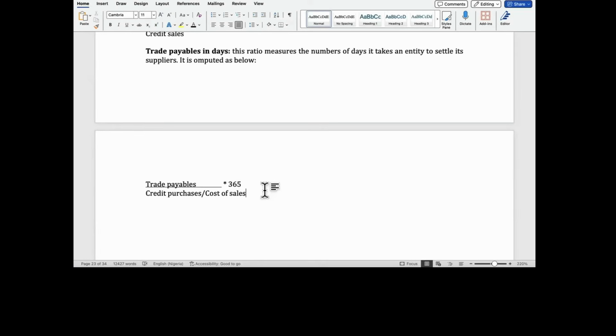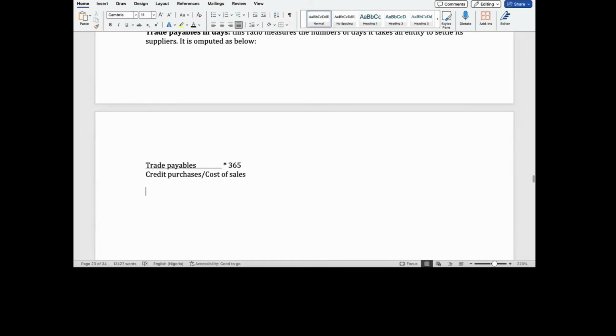It could be that the supplier has stiffened the credit period given to them because they are not doing well. Or, if their liquidity is good, it could be that they have the money and are settling their suppliers as fast as possible. So you need to really understand this and interpret it the right way.